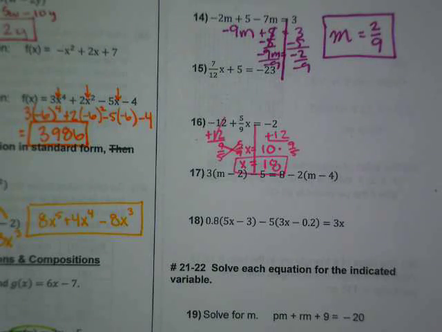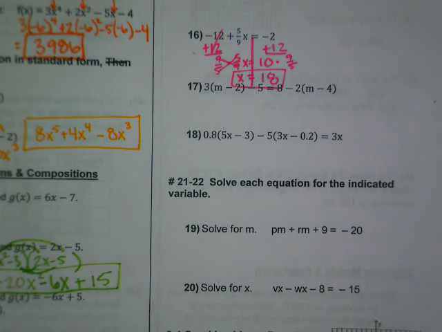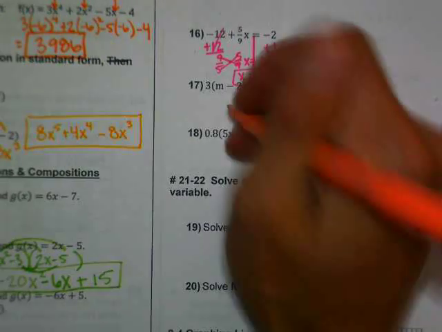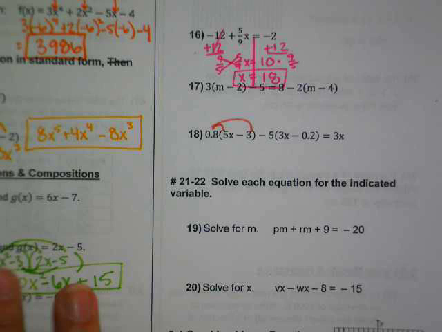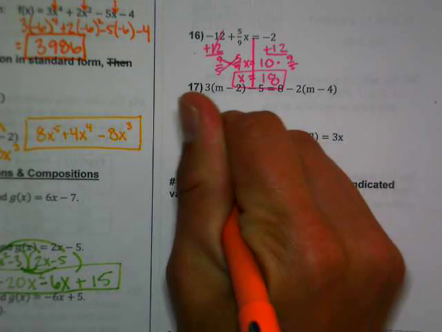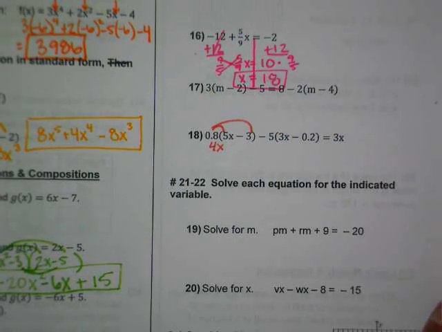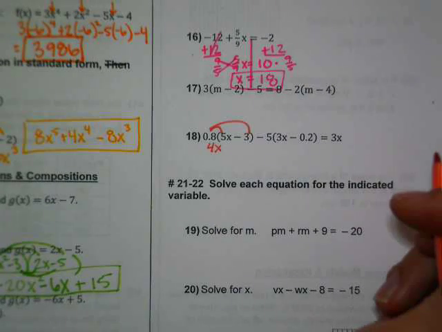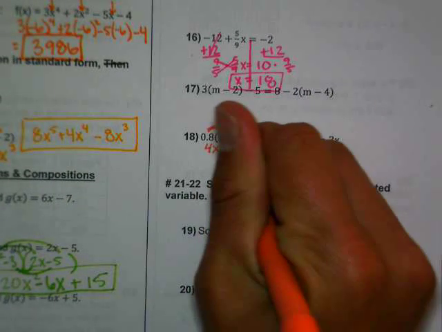All right, let's do 18 real fast. 18 just has a lot of decimals, so that you would be able to use a calculator. I wouldn't make you do all those decimals by hand, so just hang with me with the decimals. 0.8 times 5x is going to be 4x. 0.8 times negative 3 is negative 2.4.